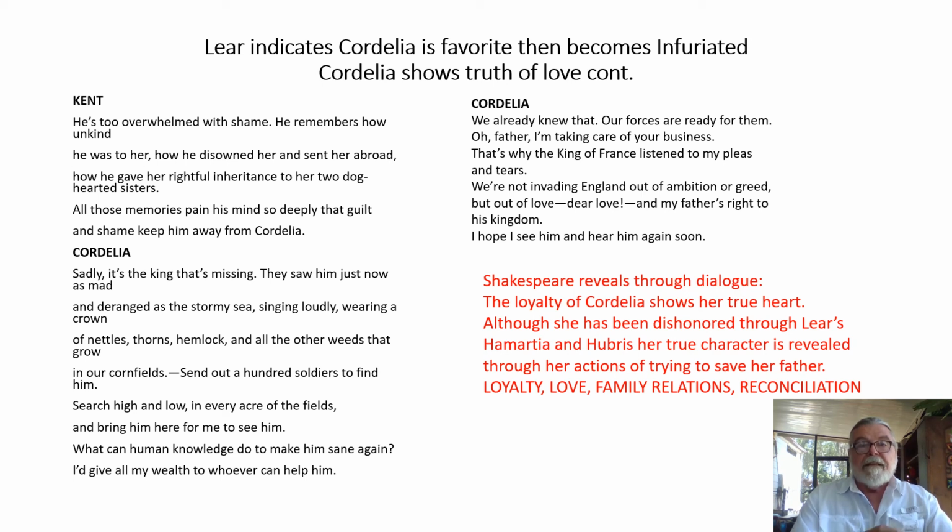So we have these quotes Shakespeare uses to develop the themes of loyalty, love, family relationships, and reconciliation. SEC. I already have my comment. I already have my quotes. So good preparation makes easy essay. No preparation, bad essay. Let's continue.